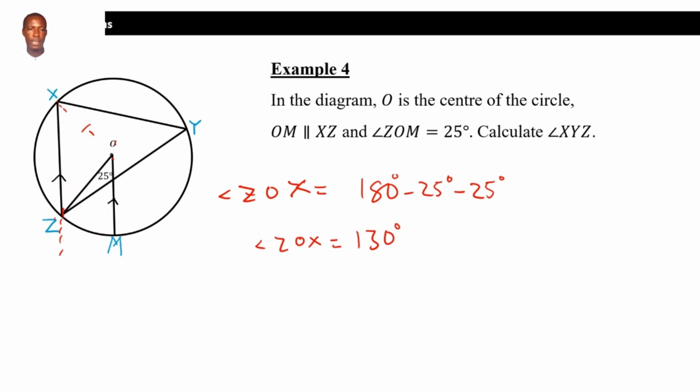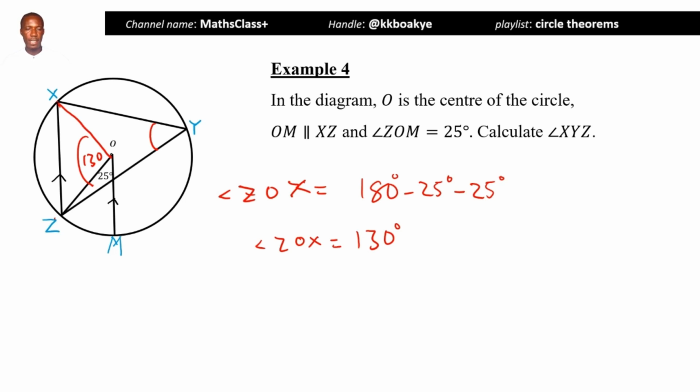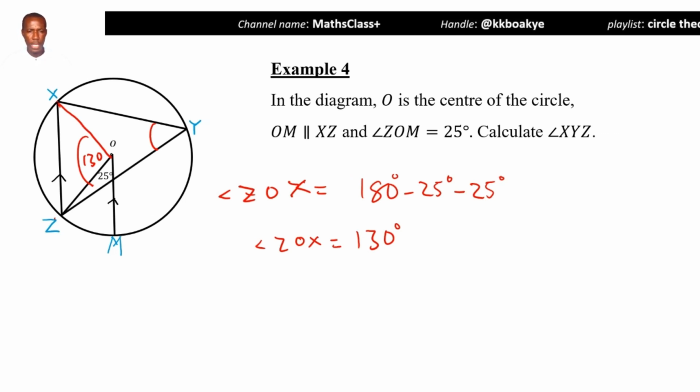Now let's clean it and then make another reference. We are making reference to theorem 1. We have 130 degrees here. Now, chord XZ is subtending an angle at the center. The same chord XZ is subtending an angle at the circumference. Do you remember theorem 1? Good.